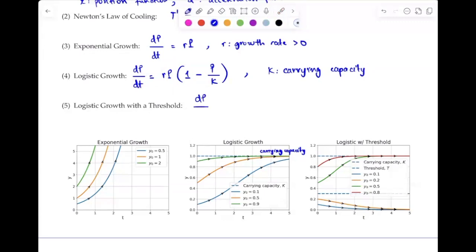So you have dP/dt to illustrate the first order differential equation. You have r times P, which behaves very much like exponential growth, multiplied with 1 minus P over K. This is the logistic growth. Now you need to add in another term that is 1 minus P over capital T. This extra term says that if the population dips below the threshold, the population will die down.